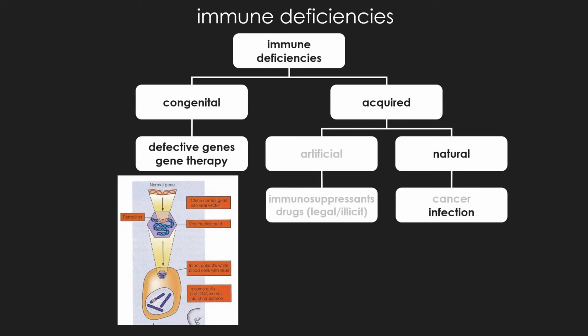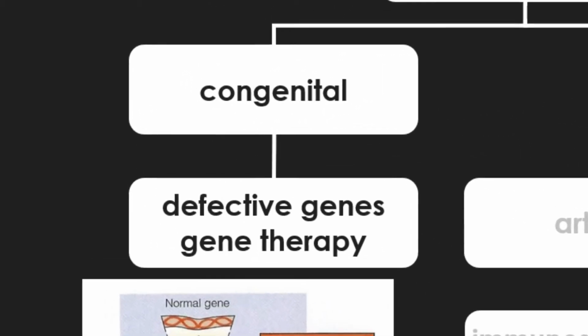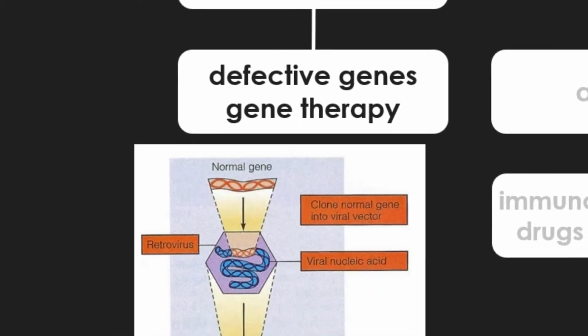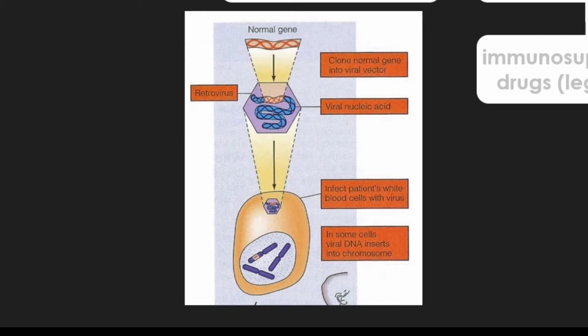Immune deficiencies can generally be divided into two groups: congenital immune deficiencies, which are genetic in nature. A person inherits a defective gene, and we actually talked about this back in Chapter 9. We talked about the treatment of severe combined immunodeficiency syndrome by using a viral vector to insert a normal gene into a person whose body only produces the defective gene.